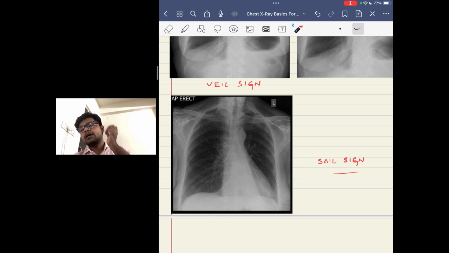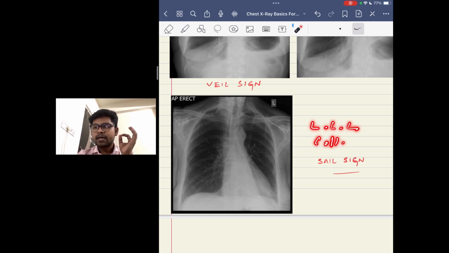You can see through the heart, but the hemidiaphragm is obscured. The left hemidiaphragm is obscured on this medial side. There is no air bronchogram, so this is a left lower zone, left lower lobe collapse.